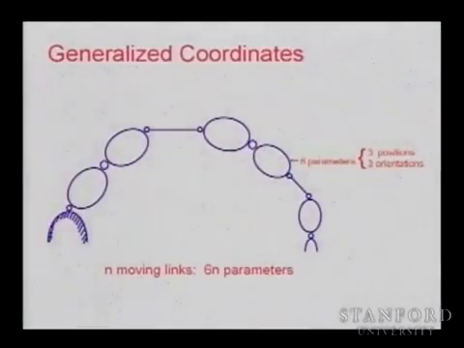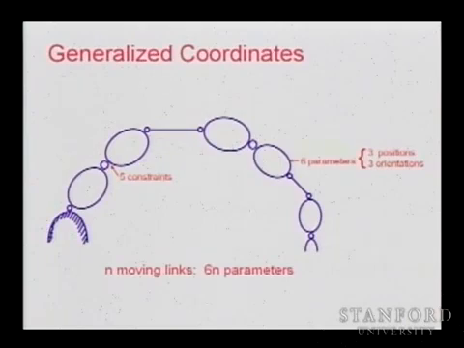Each joint will introduce how many constraints? 5, exactly. Because it is going to allow only 1 degree of freedom. So we will have 5 constraints per joint, and that leads to 5n constraints.